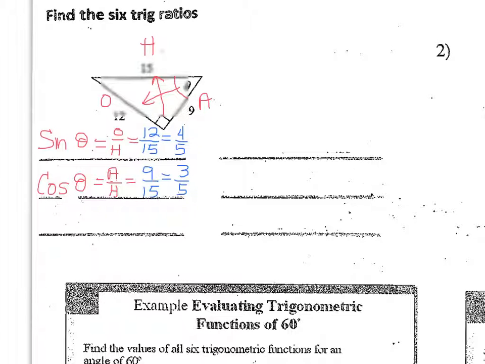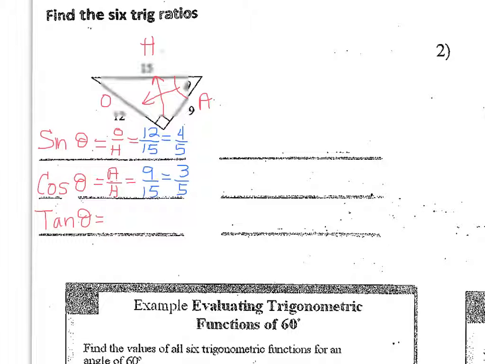Miss, are we going to be able to write these formulas down? What you can do is, as soon as you do something like this, just write SOHCAHTOA on top, that way you remember. But you're not going to be able to have it on your formula chart either. So this is something that you need to make sure you remember from geometry.